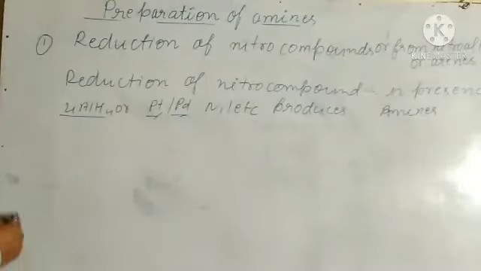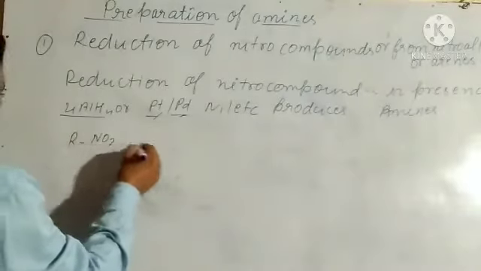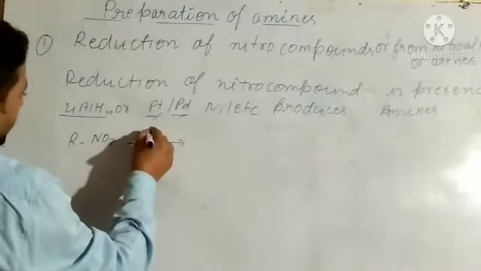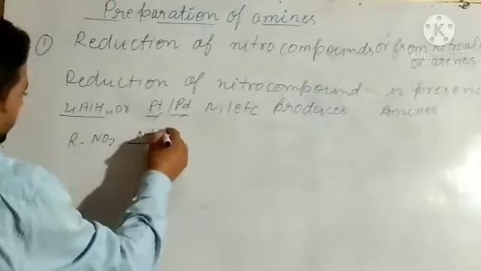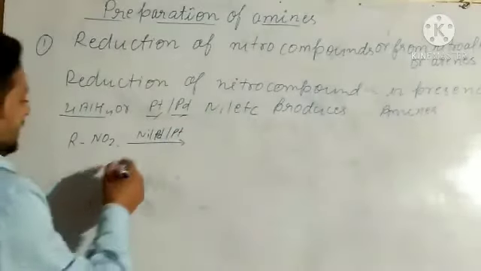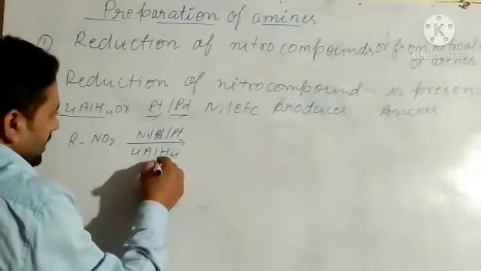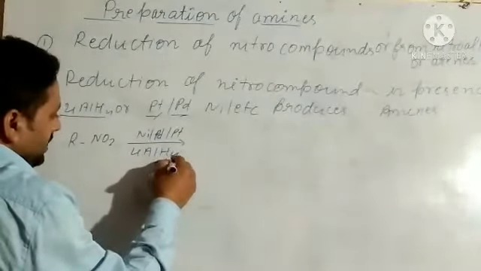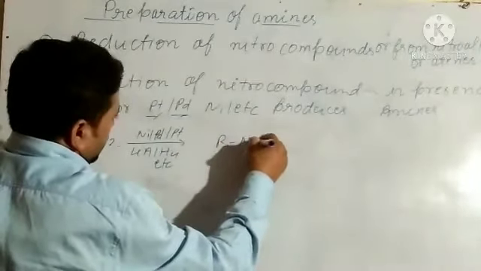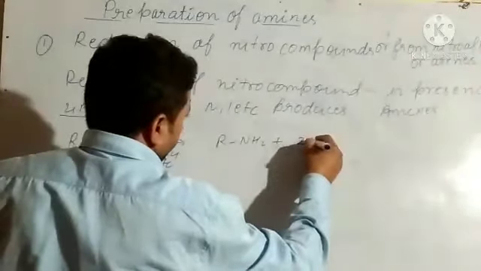So let us see. Reduction of a nitro compound in presence of nickel, palladium, platinum, or lithium aluminum hydride gives amine, NH2, plus 2H2.